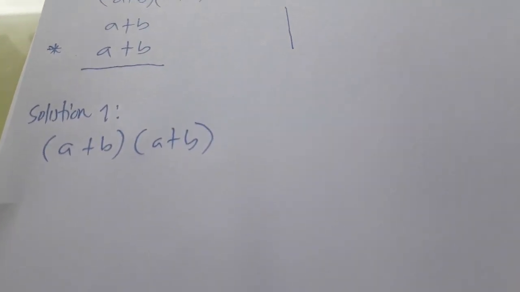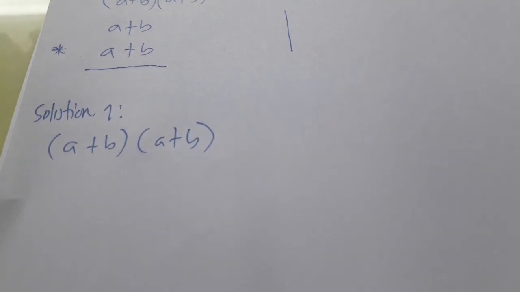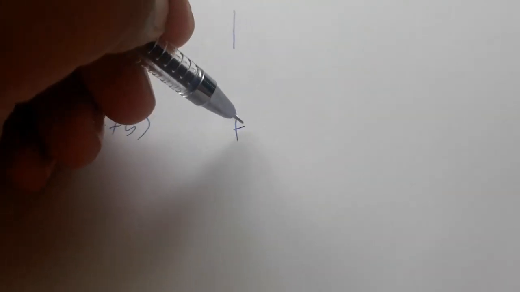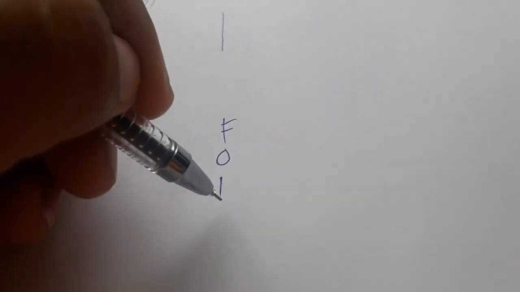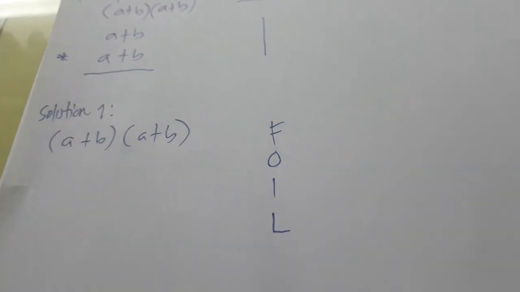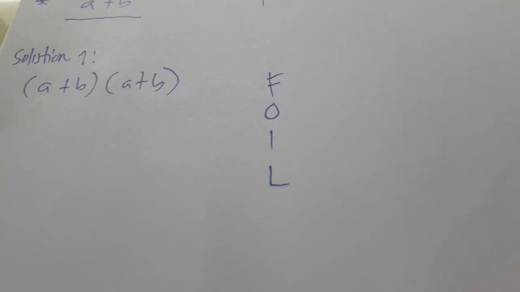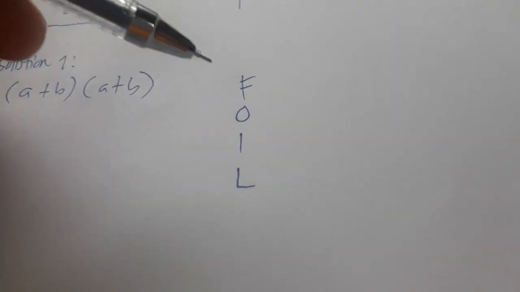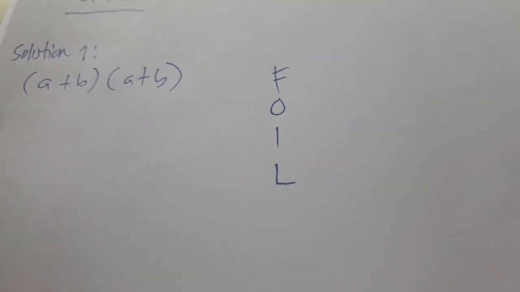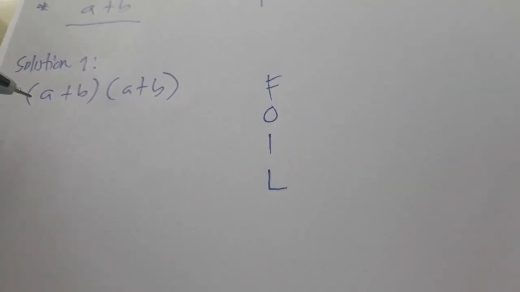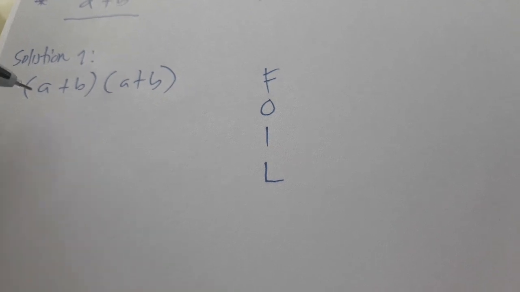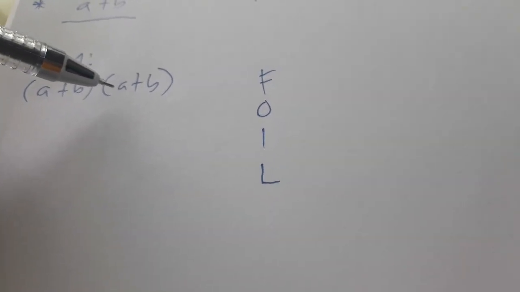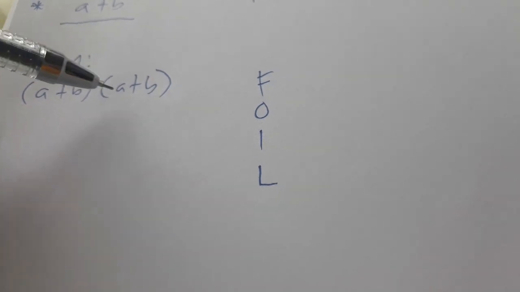In mathematics, the most famous method is the F, the O, the I, and the L, or the FOIL method. In F, we utilize the first terms of the two binomials, this first term and still a in the second quantity.